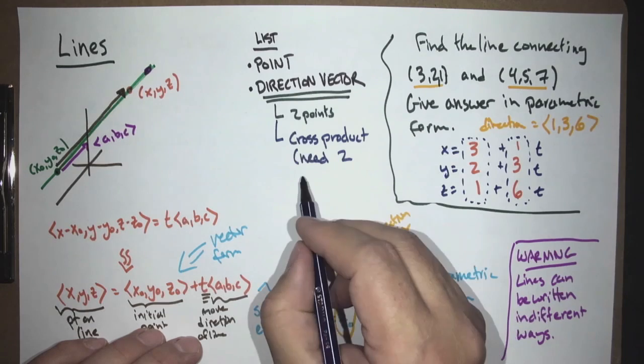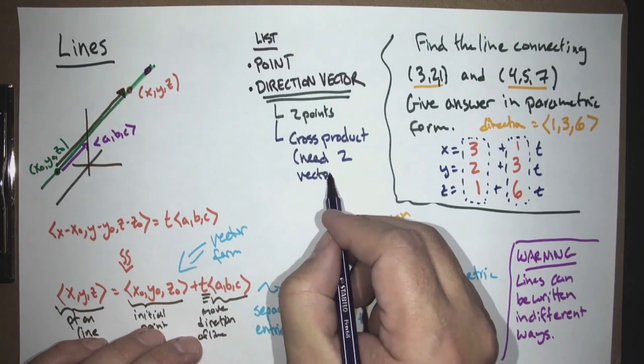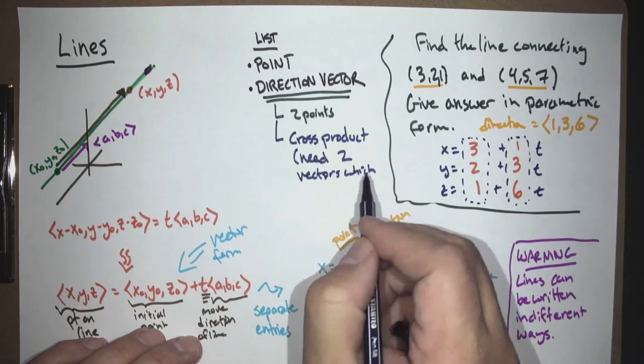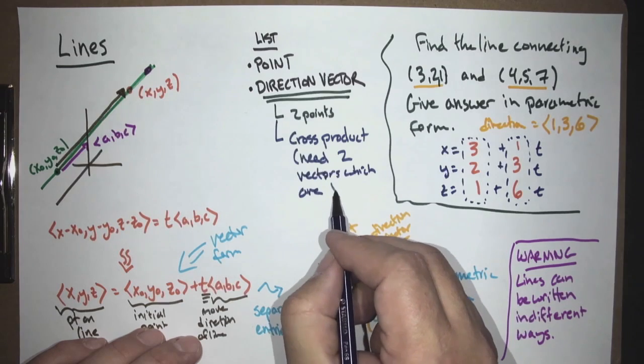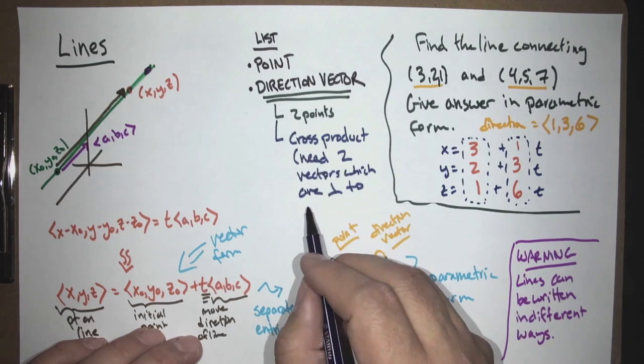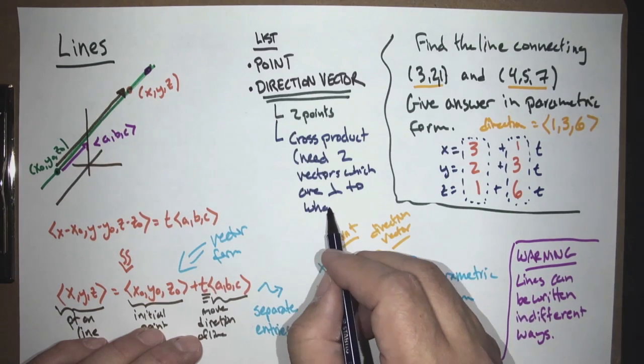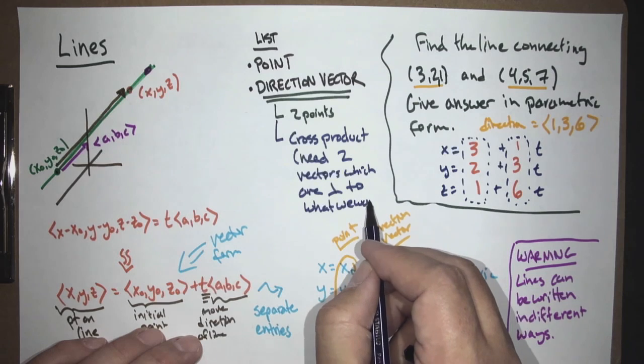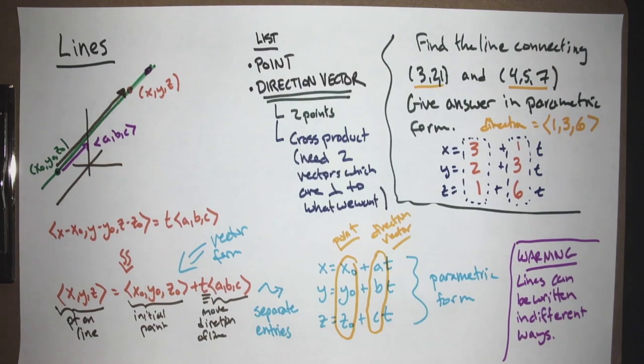We need two vectors, which are perpendicular to what? Not to each other, but perpendicular to what we want. We want the direction vector, so we ask, are there two vectors, both of which individually are perpendicular to what we want? The vectors themselves don't have to be perpendicular to each other, but they do have to be perpendicular to what we want. If we can do that, we'll find our direction vector.